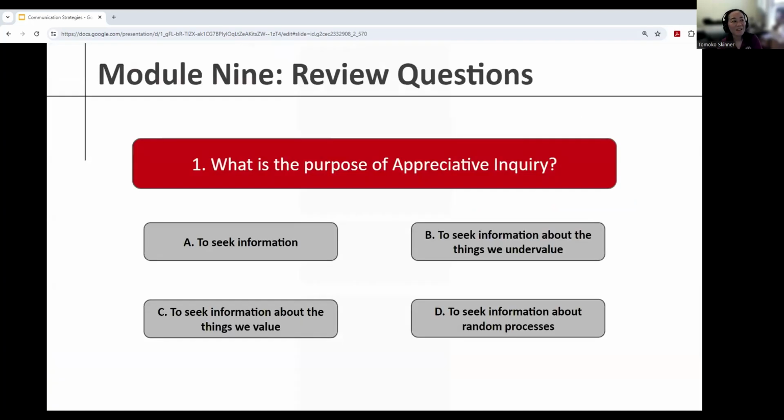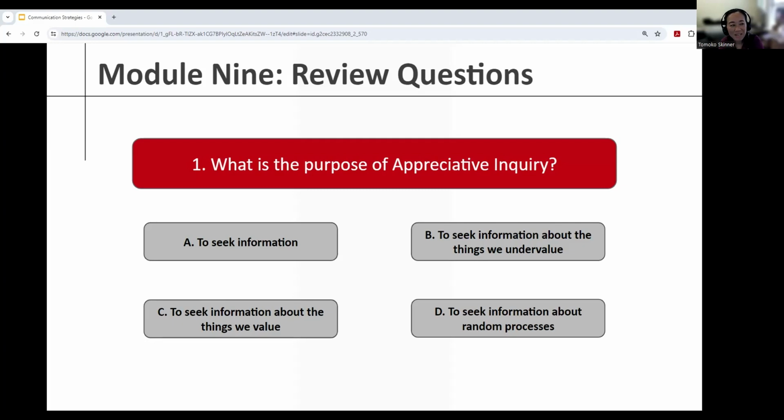Review question. What is the purpose of appreciative inquiry? A, to seek information. B, to seek information about the things we undervalue. C, to seek information about the things we value. D, to seek information about random processes.